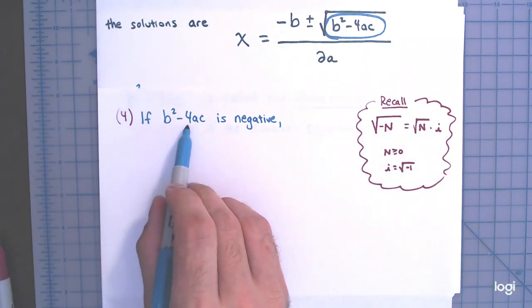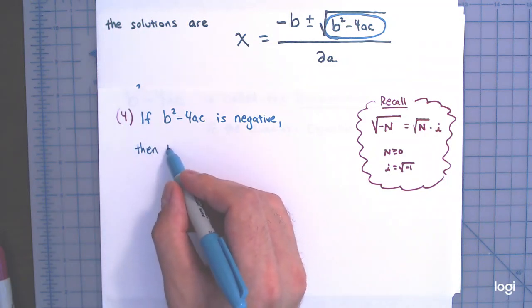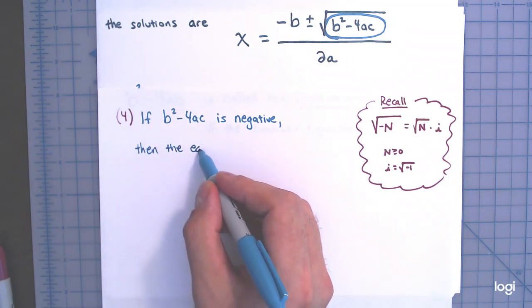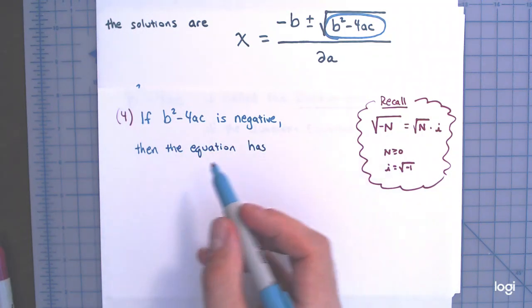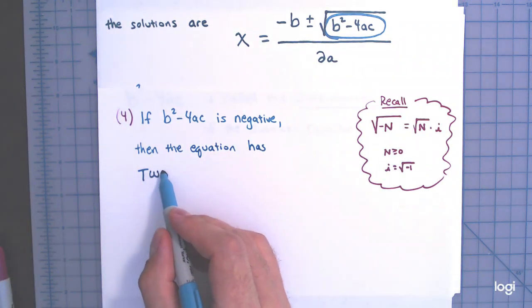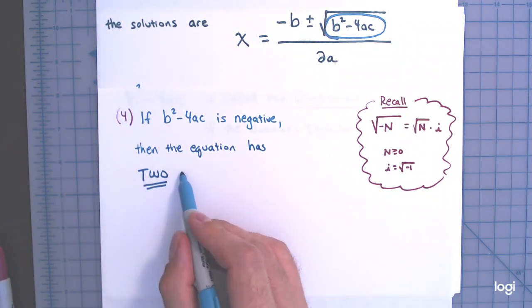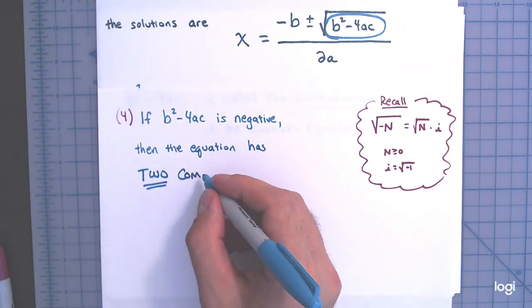So if b squared minus 4ac is negative, then the equation will have two solutions, again, one with the plus, one with the minus. Two complex solutions that are not real.